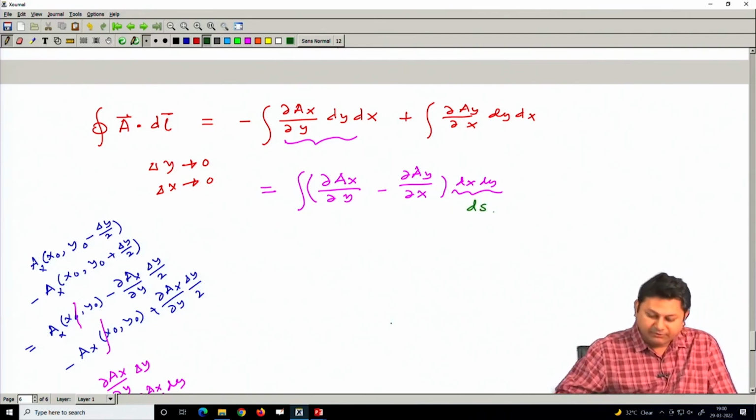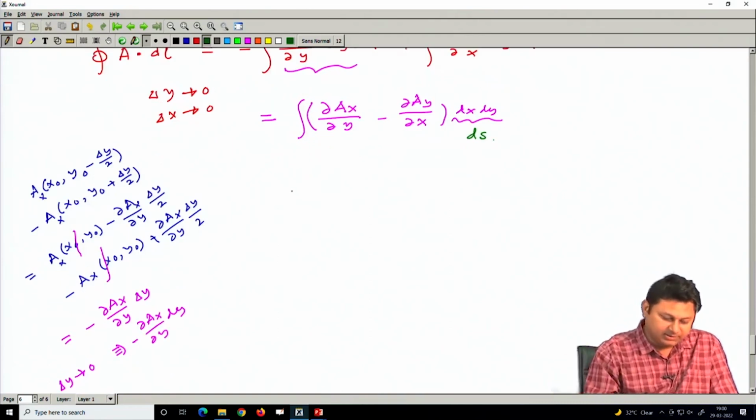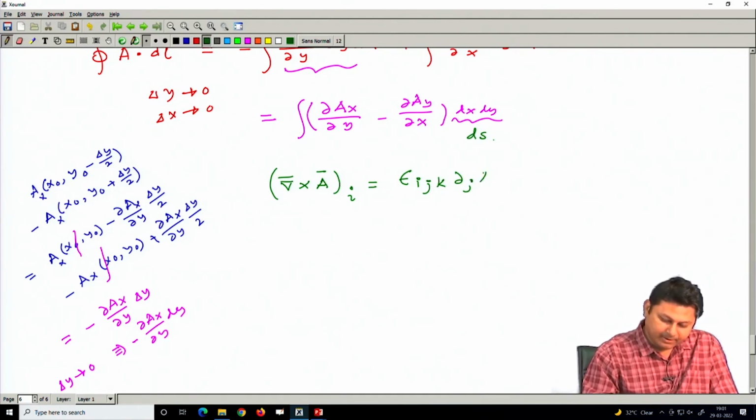Now, if I go back to this curl thing, the i-th element of the curl of A is epsilon i j k del j A k, that is the way we define it.